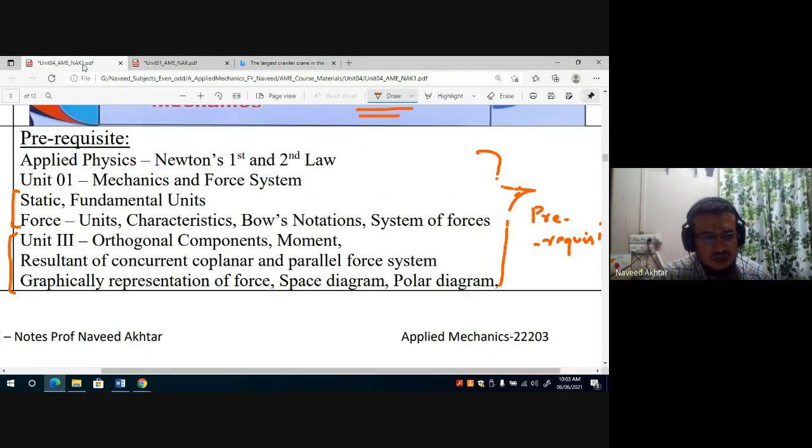So this is what you have seen in unit number one, the notation and system of forces.